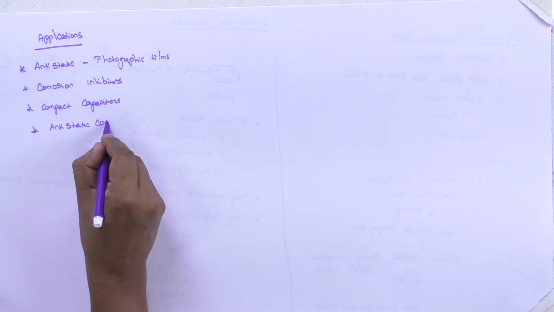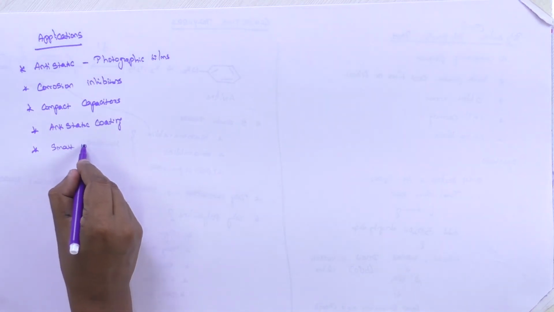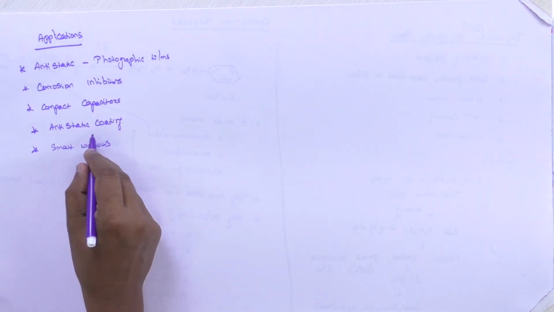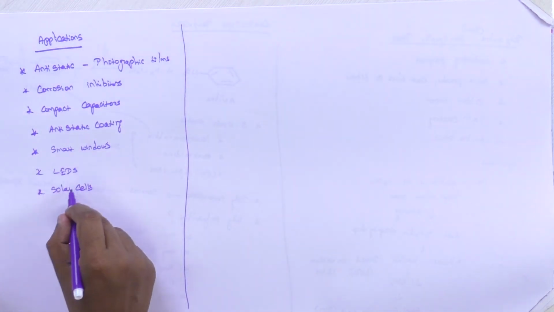They can also be used in anti-static coating, and for electrostatic coating of smart windows. Also, a second generation of conducting polymers has been used for industrial uses like transistors, LEDs, etc. Conducting polymers are used even in solar cells.